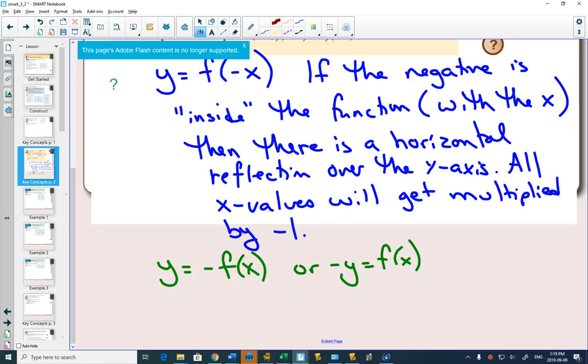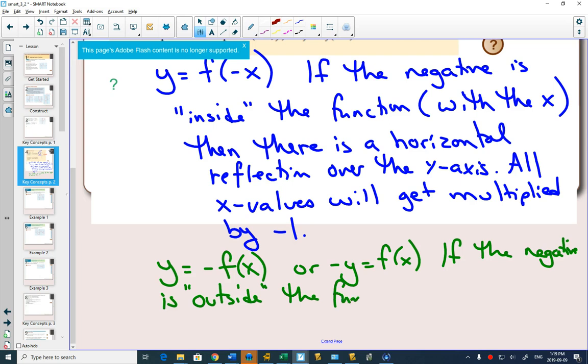So we can say if the negative is outside the function, I guess we could say if we moved it to the other side, technically, the negative is with the y, then there is a vertical reflection.